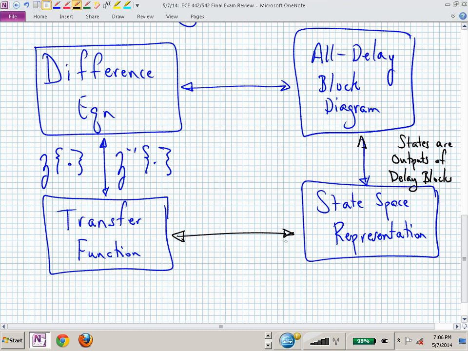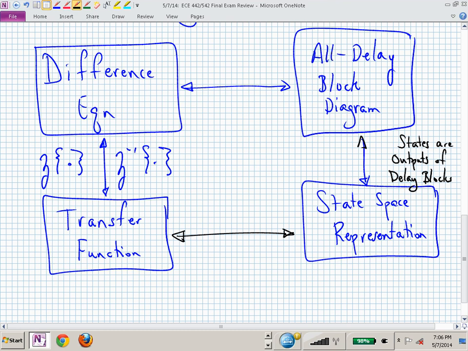Maybe not directly back and forth, but if you have a state space representation, you should be able to Z-transform that. We did that just in the last lecture to obtain G of Z for a state space representation. And if you have a transfer function, once you know these canonical forms, you could, by inspection, create a state space representation.